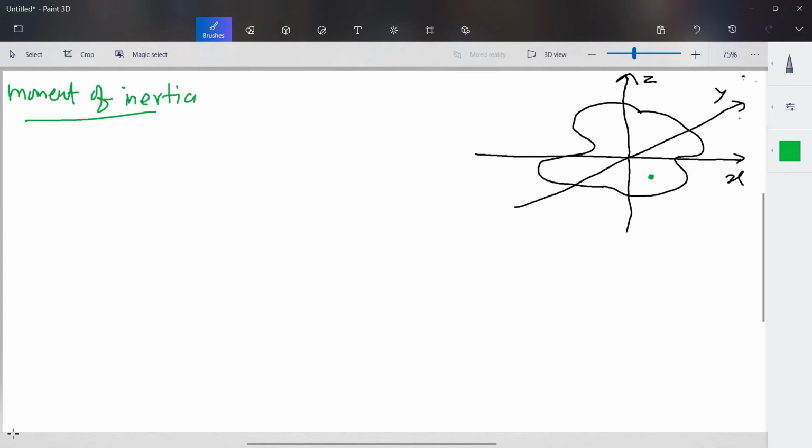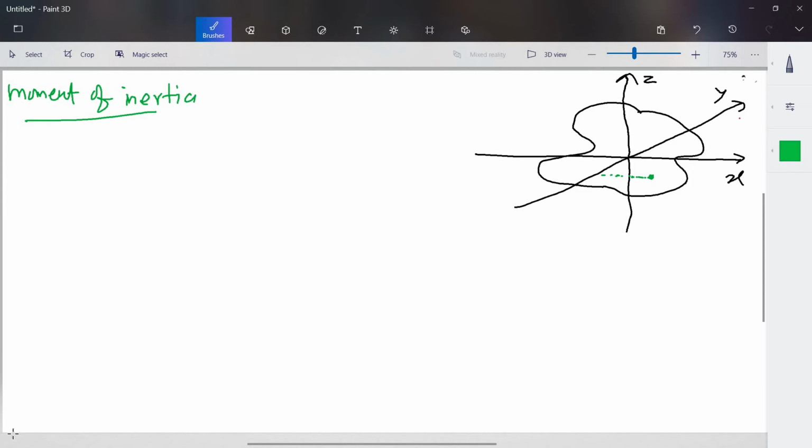This is actually a 2D surface, so we can't imagine it properly. But let's draw this distance from the y-axis and x-axis.